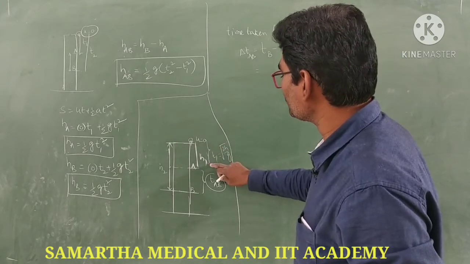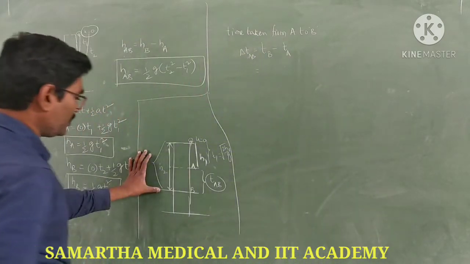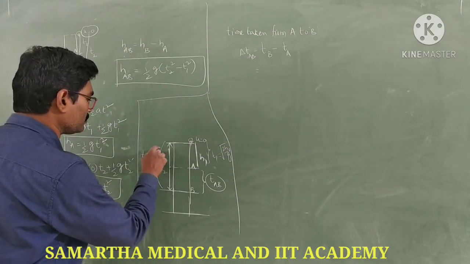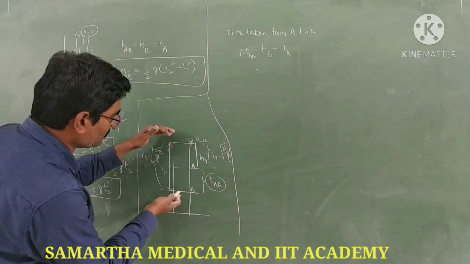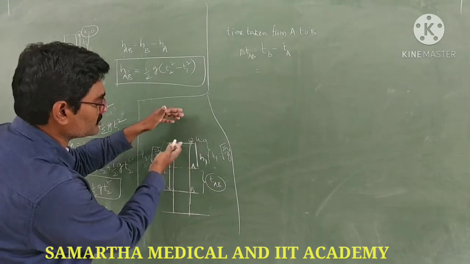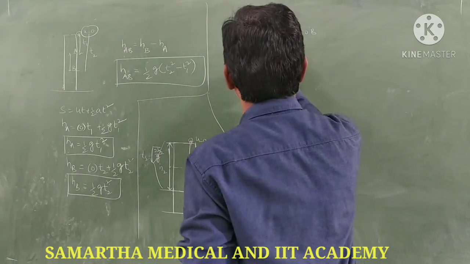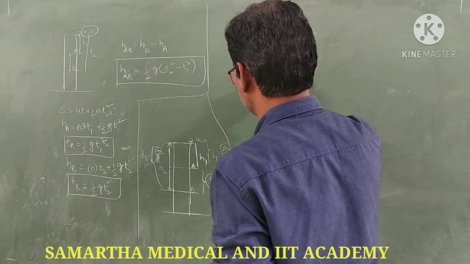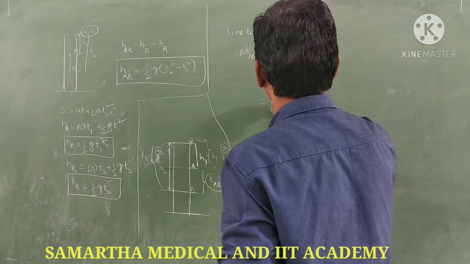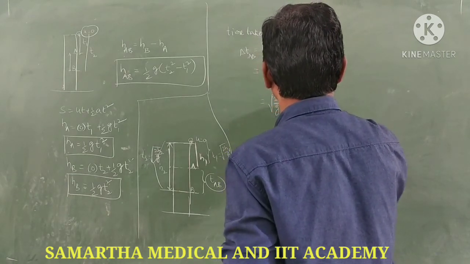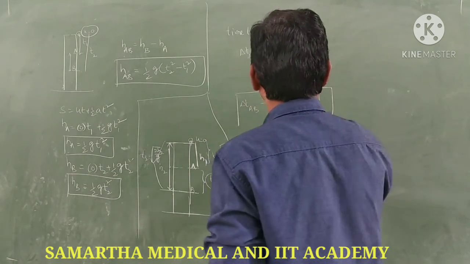So t1 is root 2h1 by g. Similarly, to reach point B, t2 is equal to root 2h2 by g. So for the time from A to B, total time to reach B minus time taken to reach A. That is root 2h2 by g minus root 2h1 by g. Root 2 by g is common, so you can write root 2 by g into (root h2 minus root h1). That is the time taken to reach from A to B.